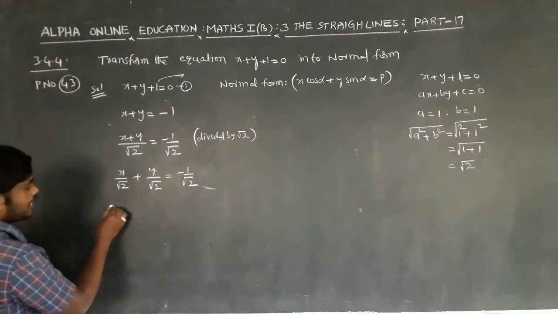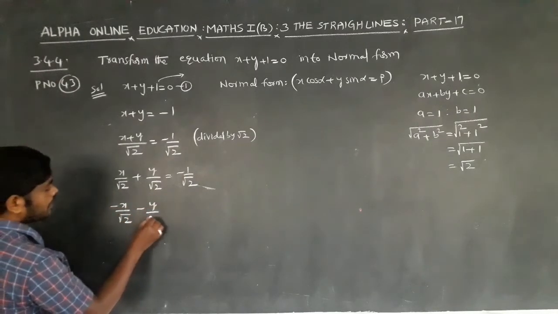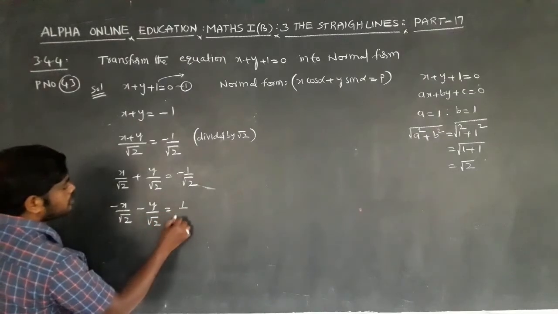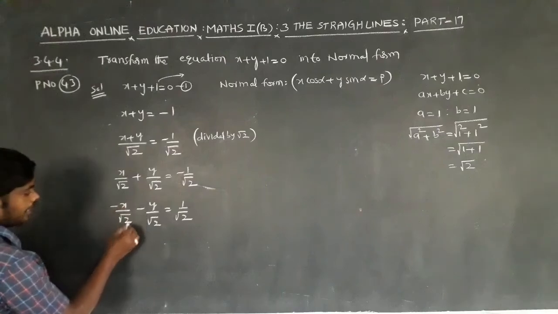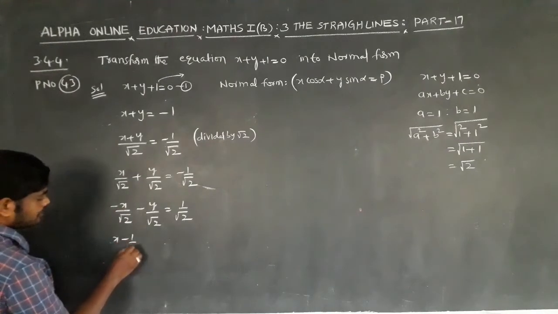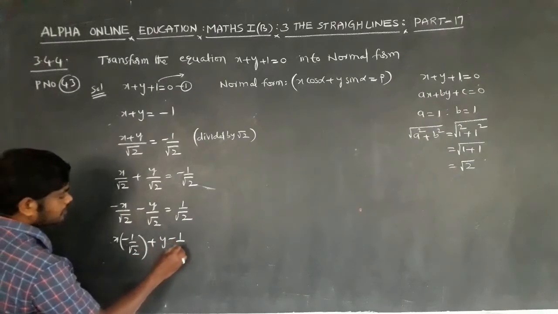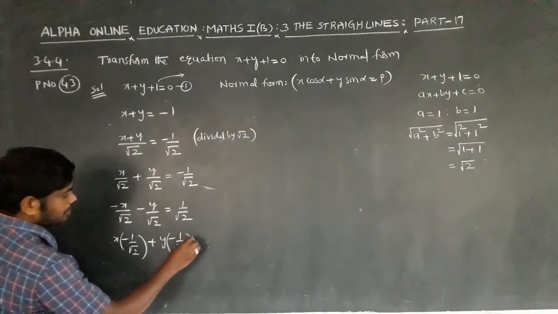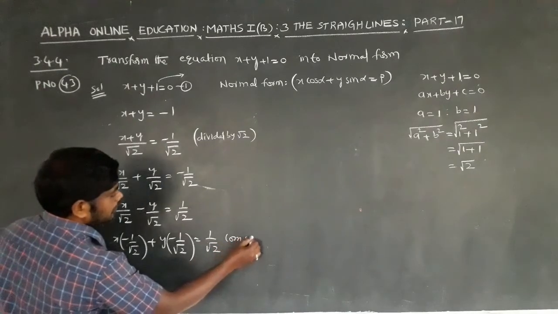Multiplying by minus, it can be written as x into minus 1 by root 2 plus y into minus 1 by root 2 is equal to 1 by root 2.